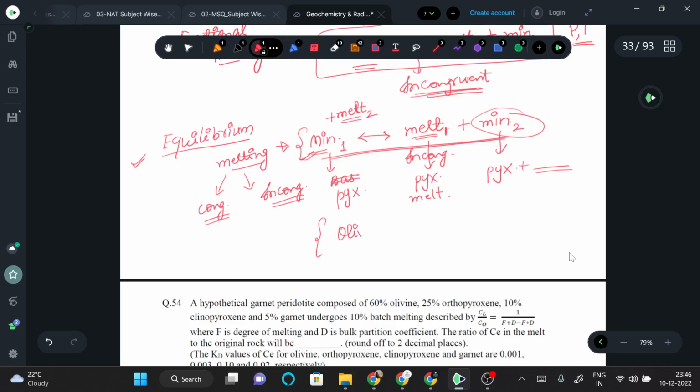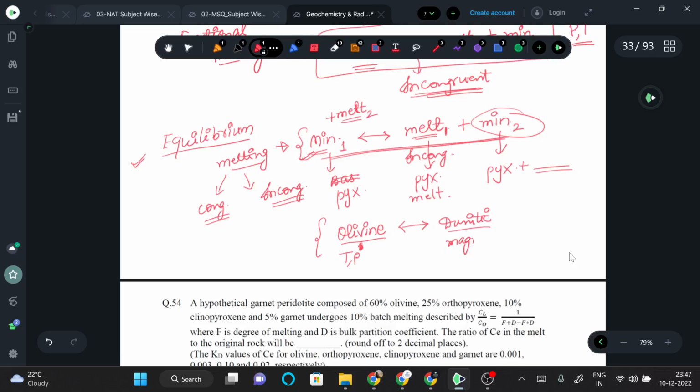But the same thing can happen here. Let's say olivine is there. Now let's say only olivine is there, and just by temperature and pressure change, not including any fluids, we melt this particular mineral. So it can give you dunitic magma, though there is nothing as such specific.